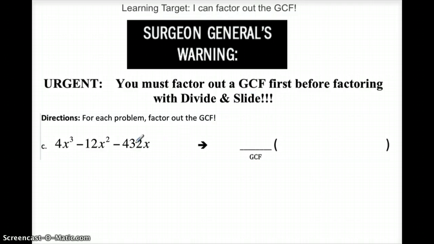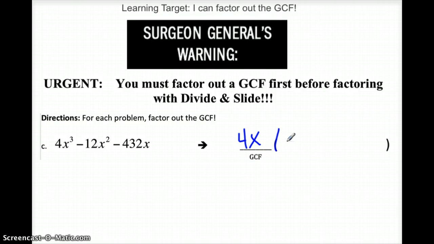So if we look at example C here, and I want to factor out that GCF, I look at each term and I notice they're all divisible by definitely a 2. Can I go bigger than a 2? Because you know GCF is the greatest. I think they're all divisible by a 4, and they all have an X. So what would I have left when I take that out?